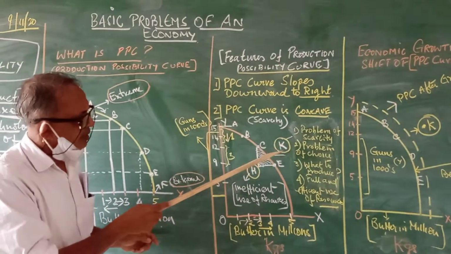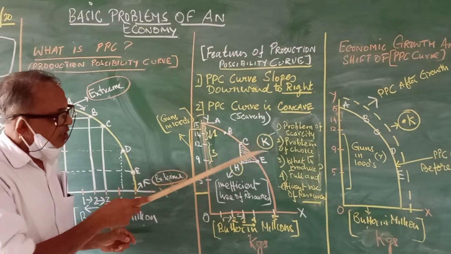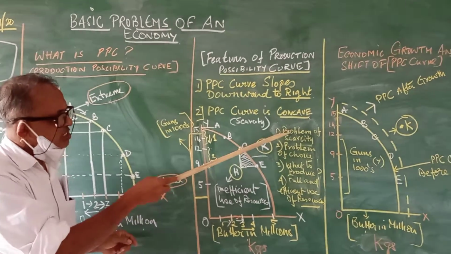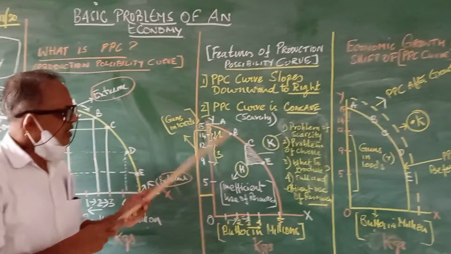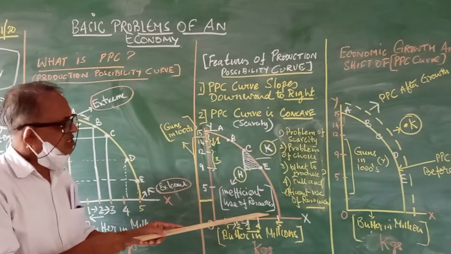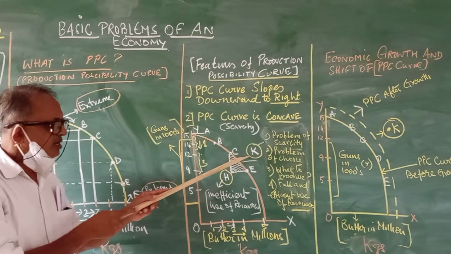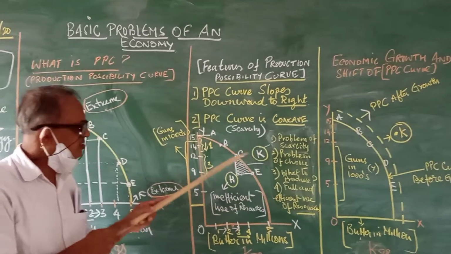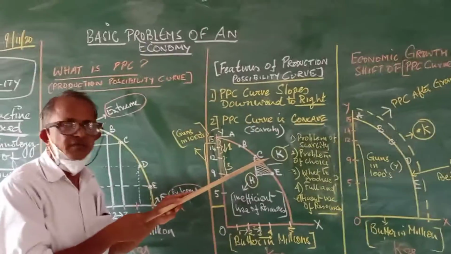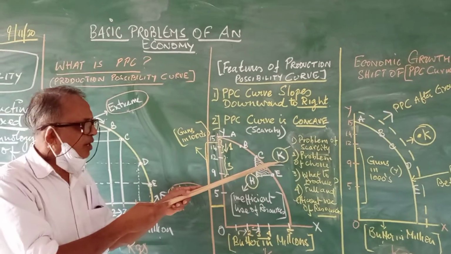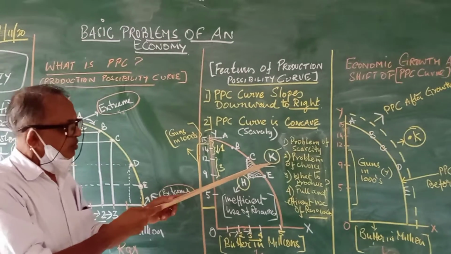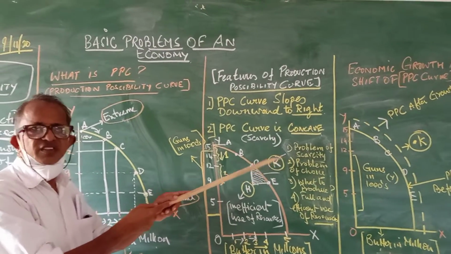So the plotting called K indicates the problem of scarcity. Because of scarcity of resources, the economy cannot manufacture at the point called K. So here the problem of scarcity is explained.